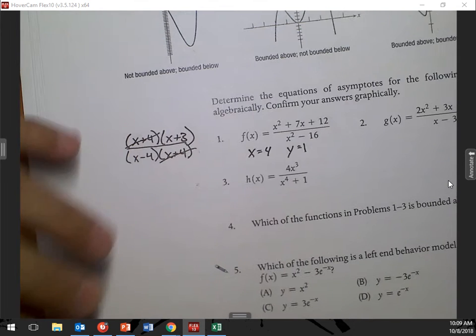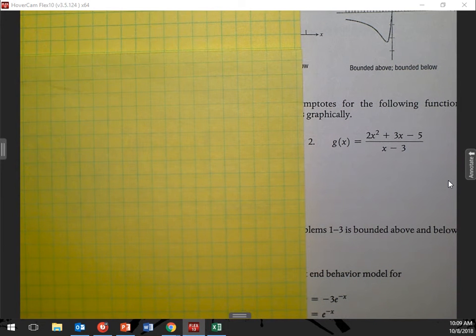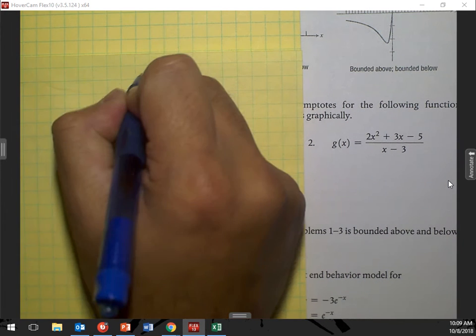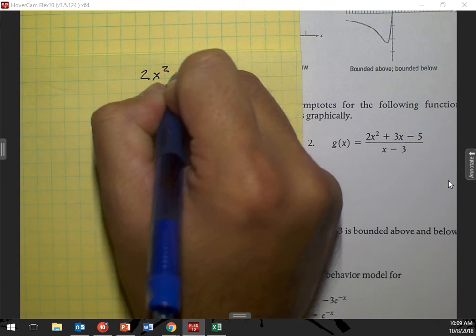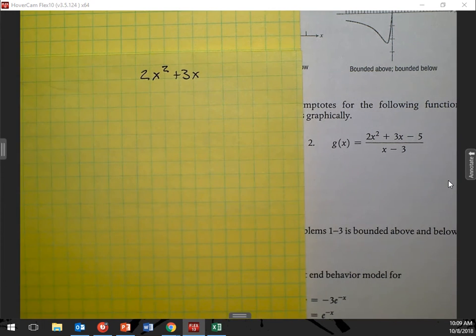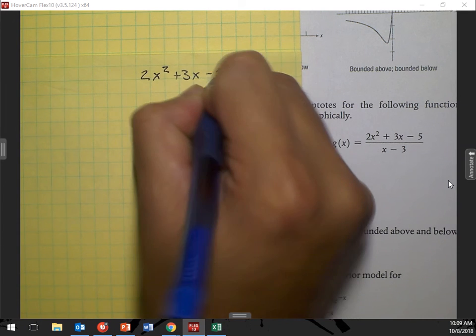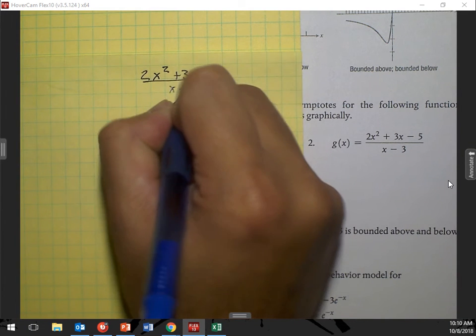All right, this next one says 2x squared plus 3x minus 5 over x minus 3.